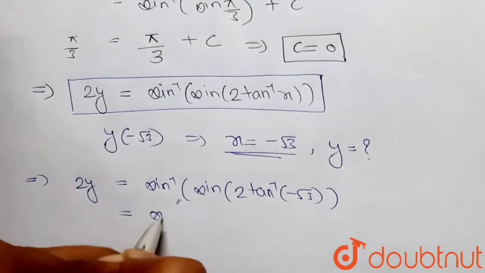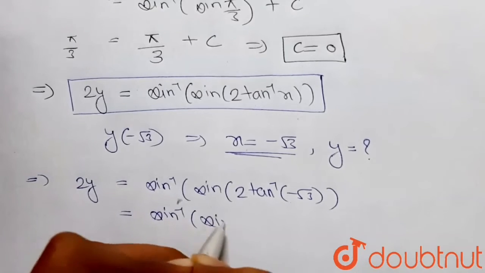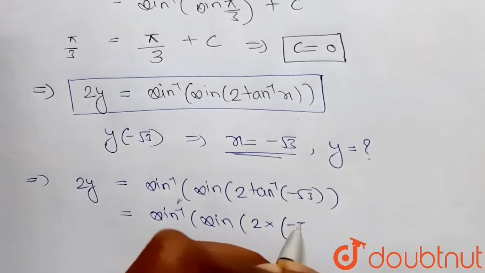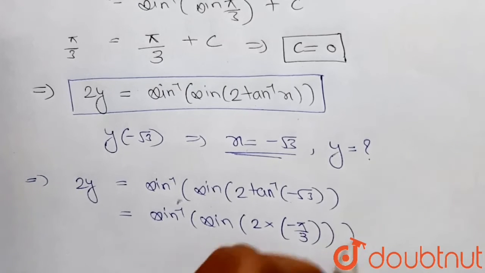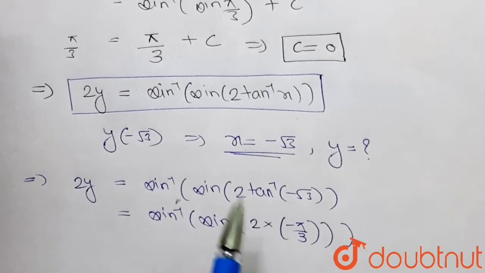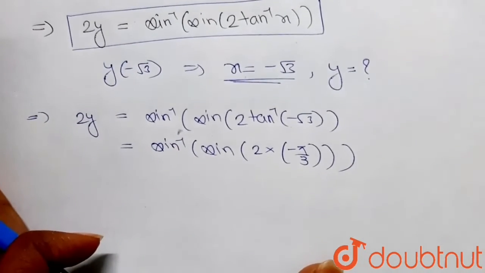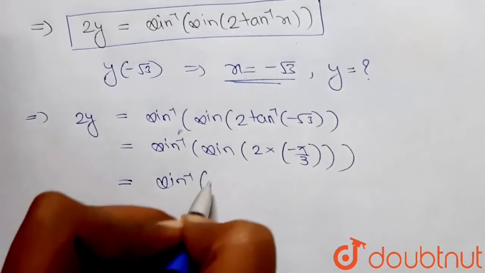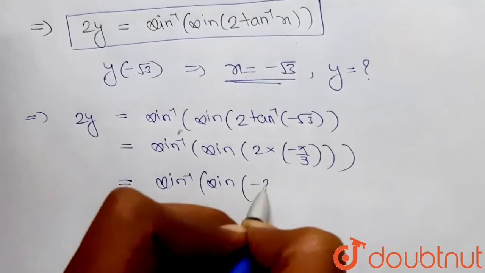So this will become sine inverse sine of 2 into minus pi by 3, because tan inverse minus root 3 is actually equal to minus pi by 3. Now this will become sine inverse sine of minus 2 pi by 3.